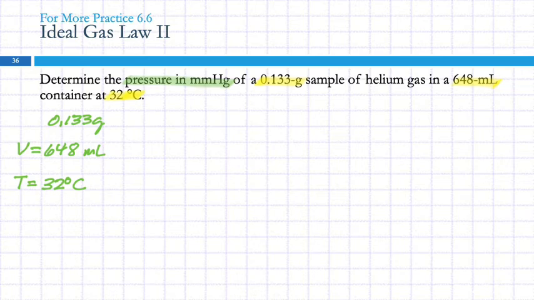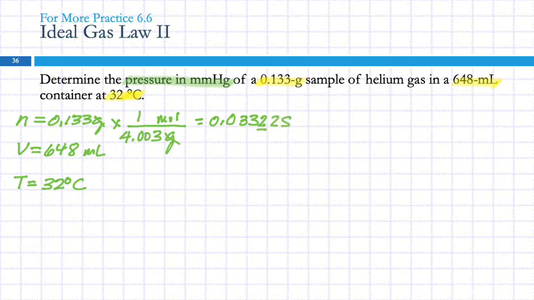So we can make this into amount in moles. That's an amount in grams. It's helium, so we need to convert it to moles. Dividing by grams, periodic table says 4.003. 0.133 divided by 4.003 is 0.033225 moles.